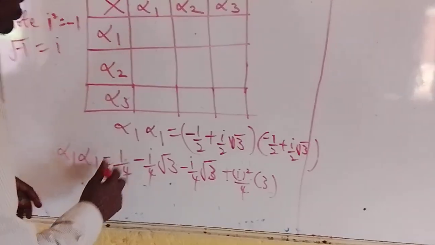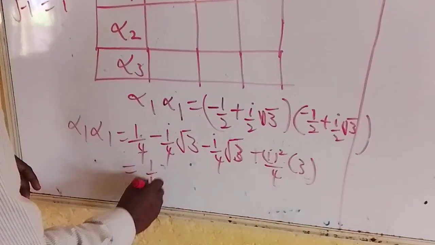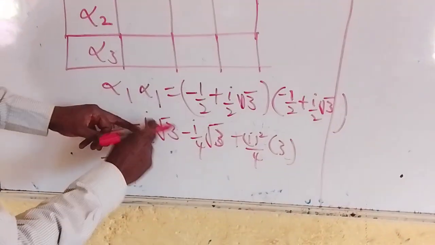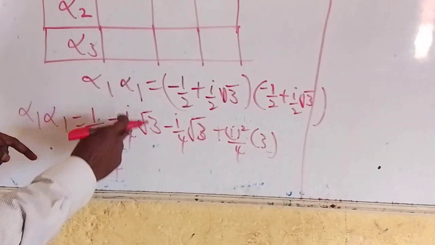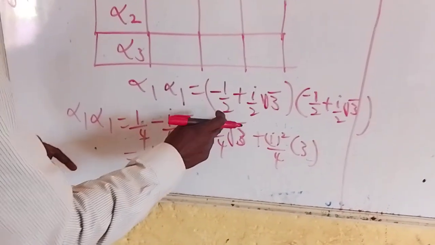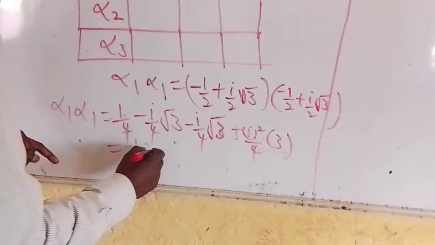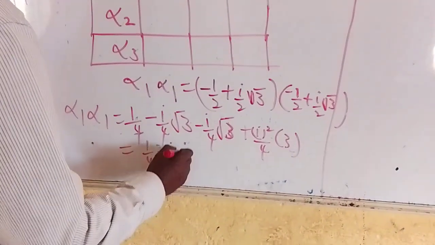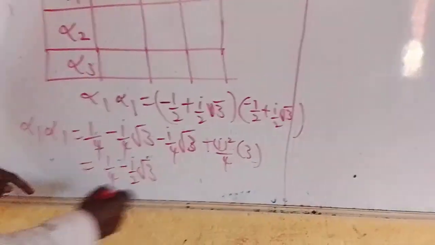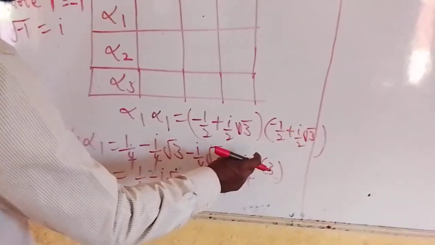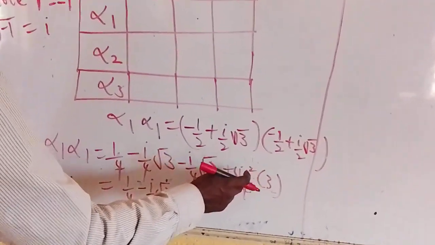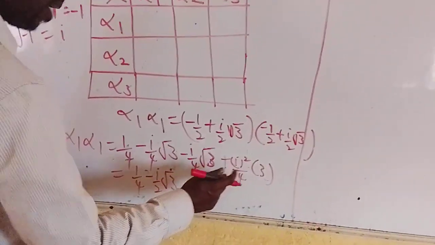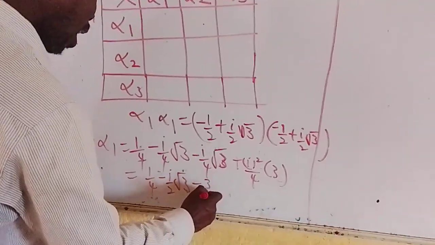Then 1 over 4. Then this and this are alike. Minus I over 4 root 3 minus I over 4 root 3 will give us minus I over 2 root 3. That is the addition. Then I said earlier on that I squared is equal to minus 1. Minus 1 times 3 is minus 3. That gives minus 3 over 4.